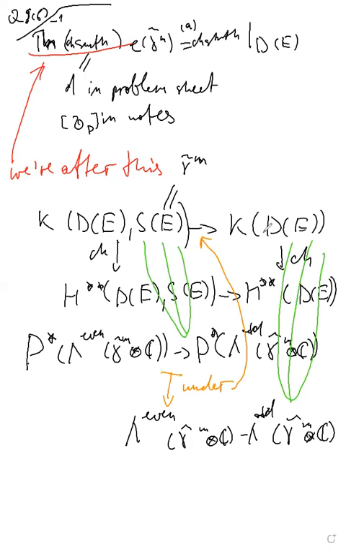Okay. Okay, and now we also know that the Chern character is a natural transformation, meaning the diagram commutes. Okay, now when I take the Chern character of something restricted to D of V, I simply get the difference of the Chern characters of the individual bundles, and these are lambda even and lambda odd.